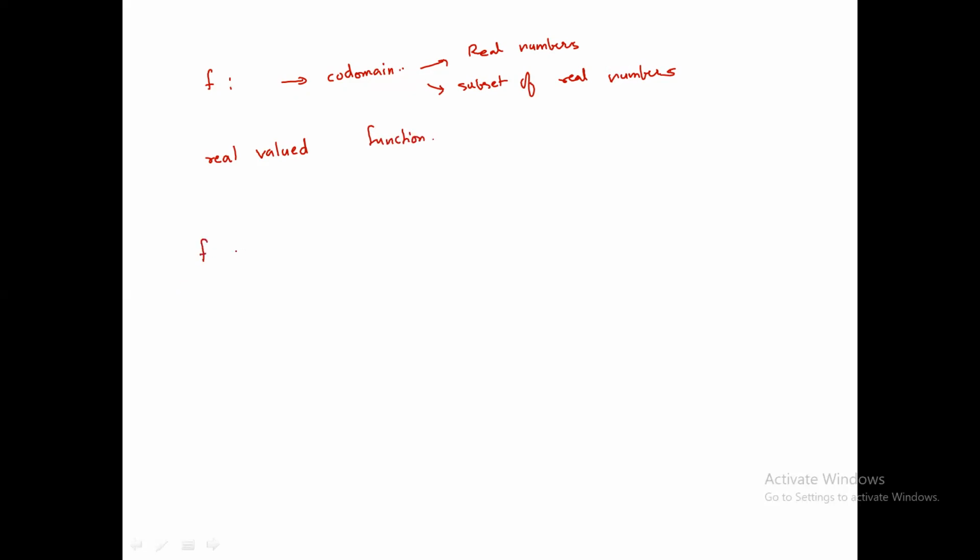But suppose in a function, both domain and codomain are either set of real numbers, or subset of real numbers, then you can say it is a real function. That's the difference between these two.